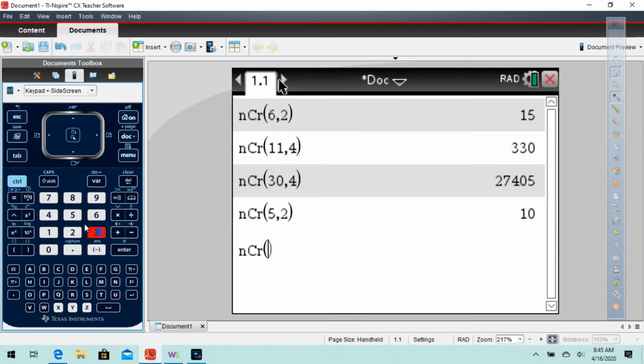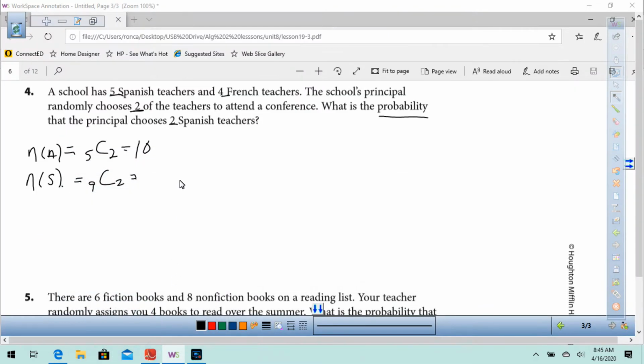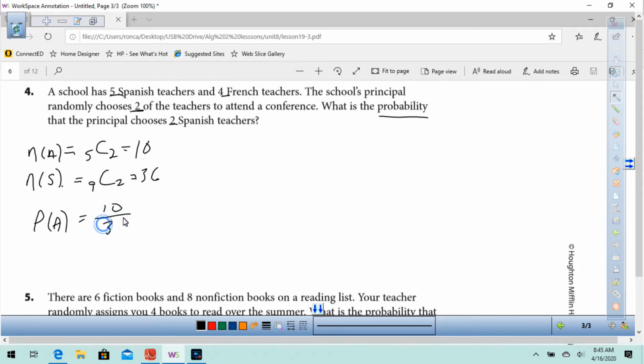Menu 5, 3, 9, comma 2. That's 36. Now to find the probability would be 10 over 36. It probably reduces to 5 over 18.